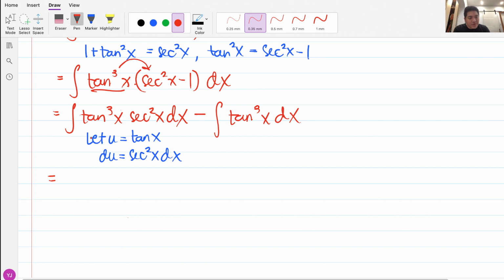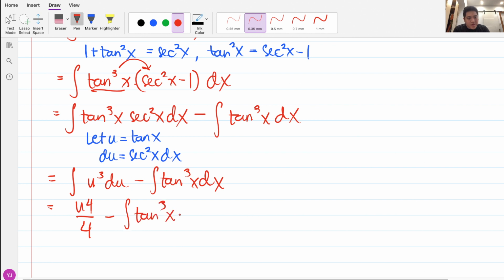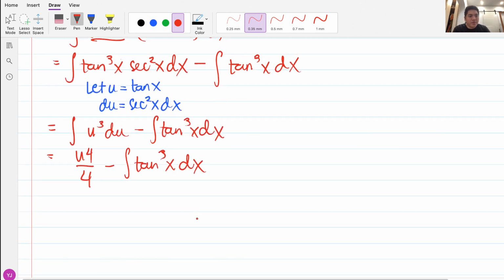So if you do this first for the first term, we have u raised to 3, then du, minus the integral of tangent cubed of x dx first. So this would be u raised to 4 all over 4 minus the integral of tangent cubed of x dx. Going back to its original form, u is tangent, so we have tangent raised to 4 of x all over 4.